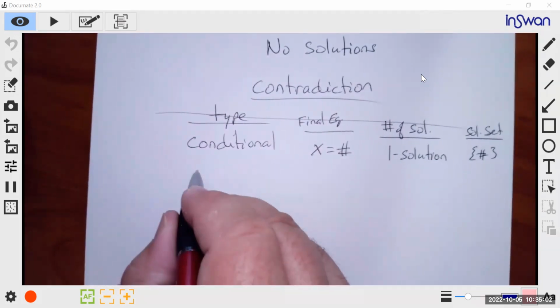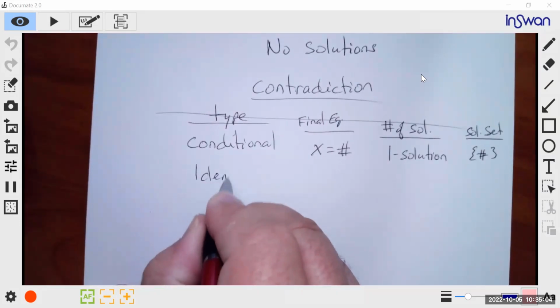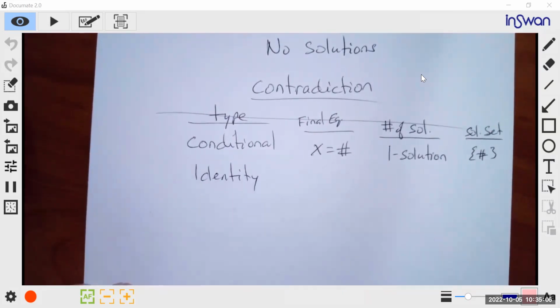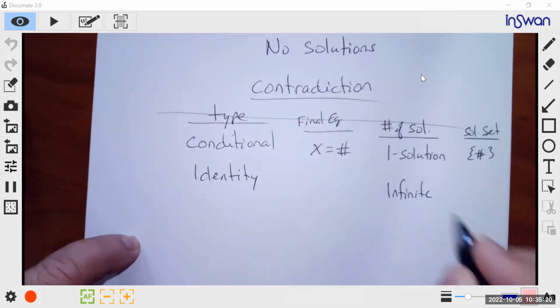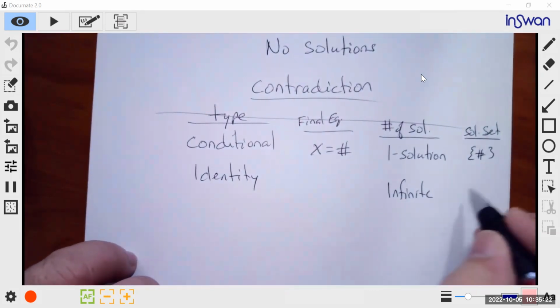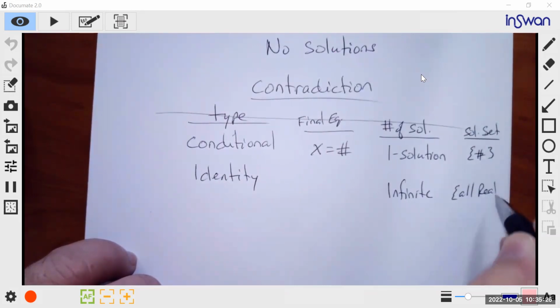The next one we called was an identity. How many solutions does an identity have? Infinite. So the solution set is all real numbers.